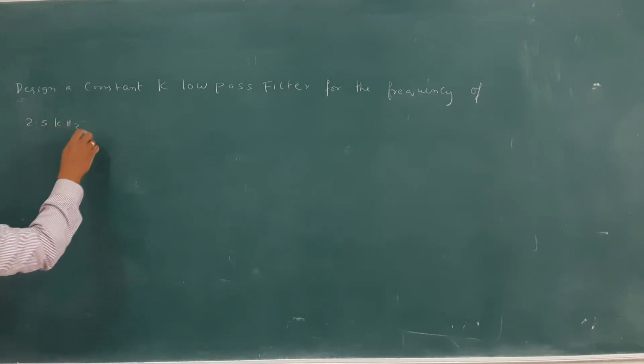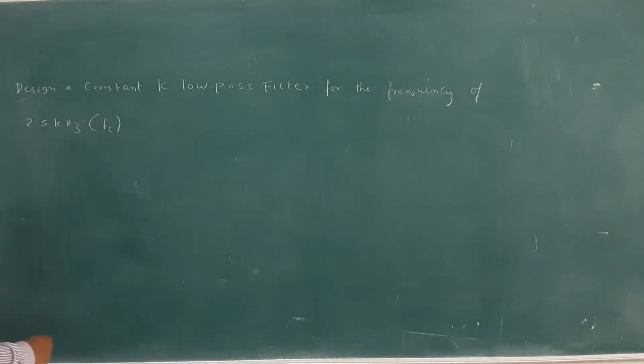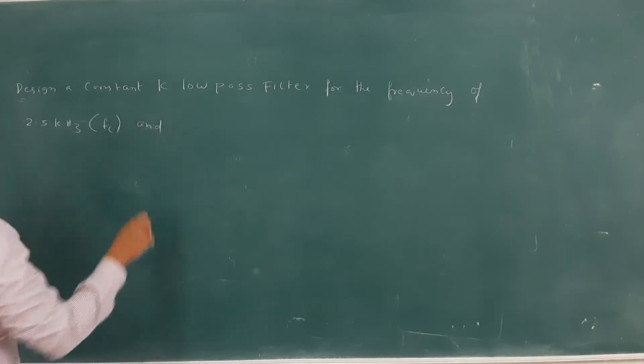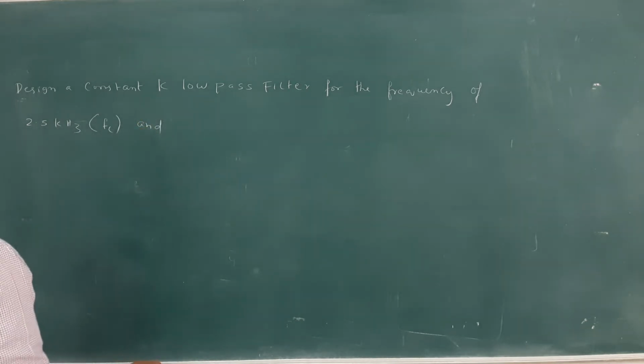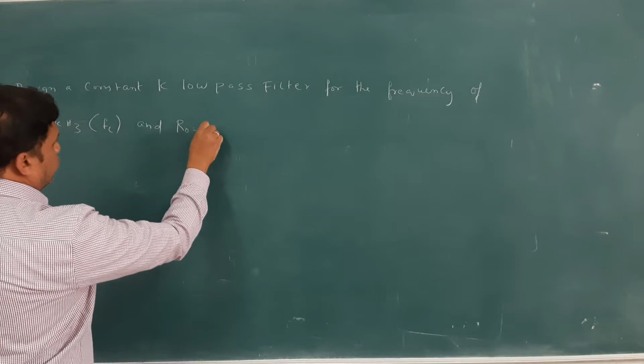This 2.5 kilohertz is the cutoff frequency Fc, and the value for R0, and R0 is equal to 700 ohms.